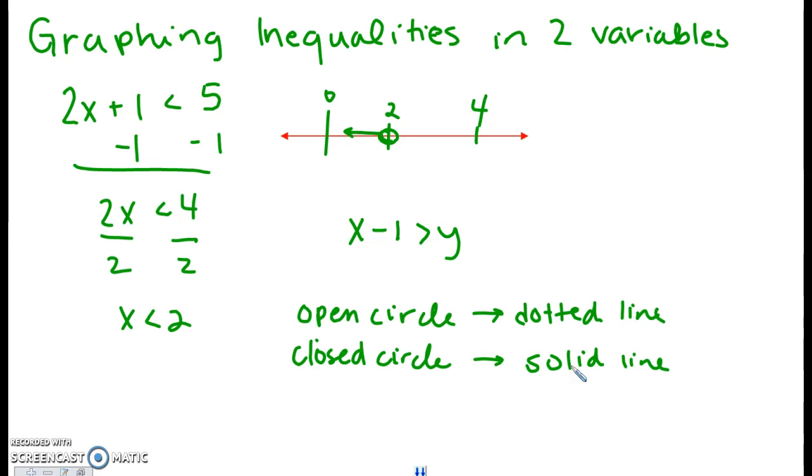So, let's go ahead and look at this, my closest thing to graph paper. And let's look at that inequality that we had, x minus 1 greater than or equal to y. If you remember from when we solved equations, we usually like everything in y equals mx plus b format.